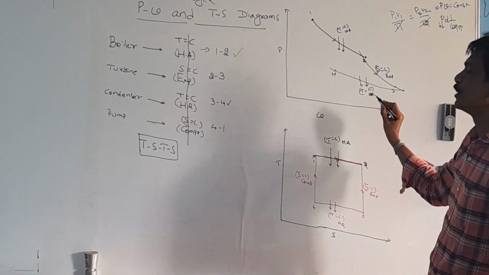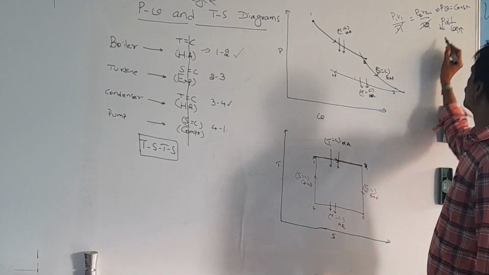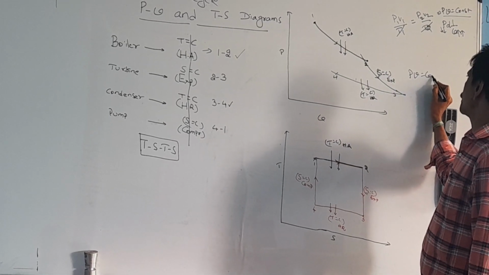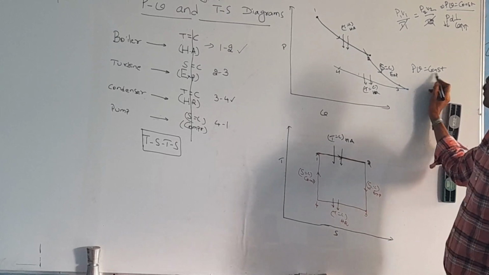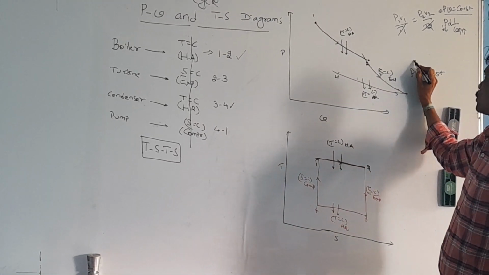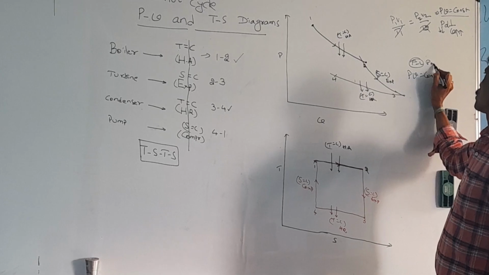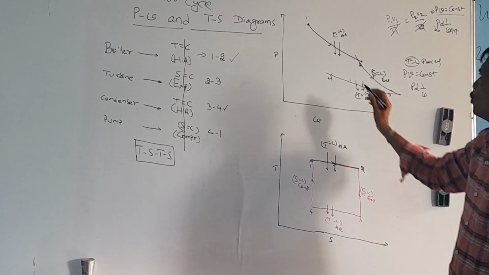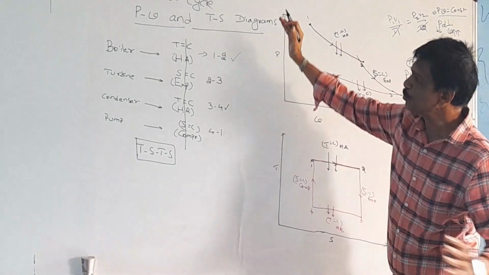For the isothermal heat rejection, the principle is PV is equal to constant. The pressure and volume vary like this for the isothermal process. That means pressure is inversely proportional to volume. Because of the heat addition, volume increases.